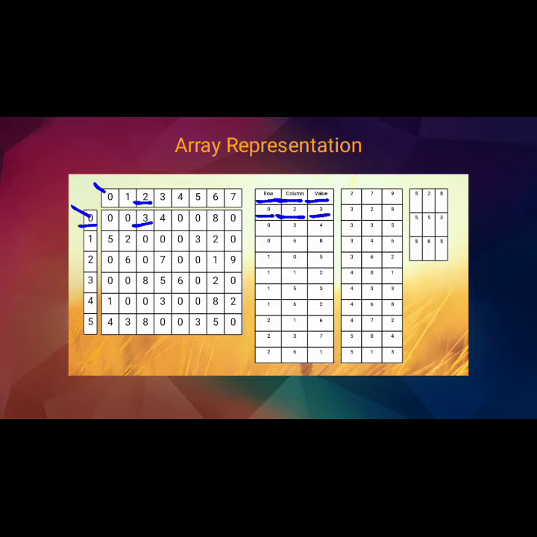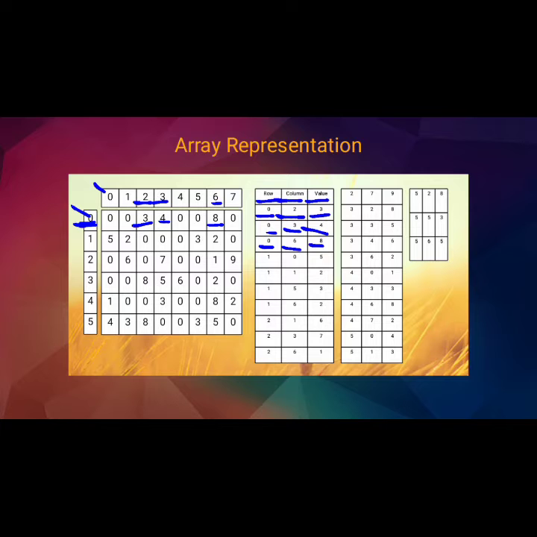So next is index row 0, column 3, the value is 4. Then index row 0, column 6, the value is 8.